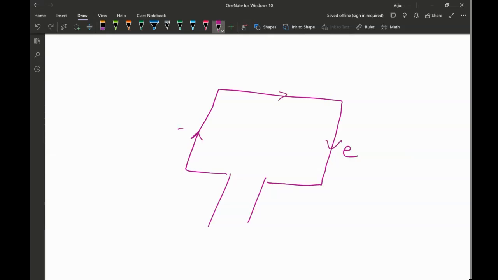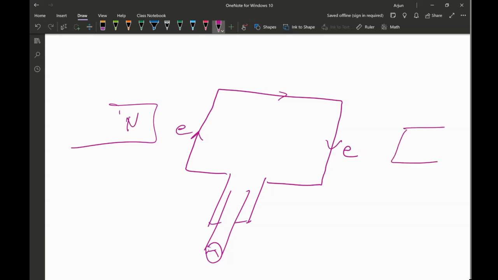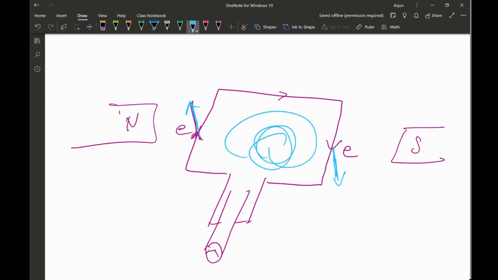I've given the direction to the electrons, and here there is a shaft which is attached to the system, and I placed an external magnet here, north and south. Electrons are flowing in this direction. Use the left hand rule and try to figure out in which direction force will be felt. So on this side, force felt will be upward, and on this side the force felt will be downward. That's going to cause the motor to rotate.